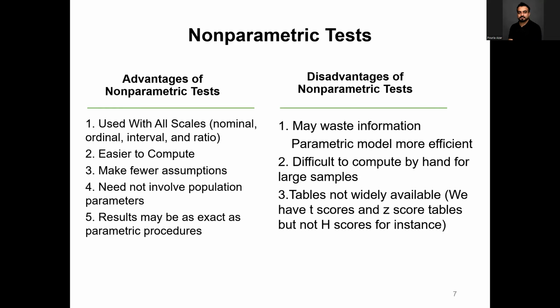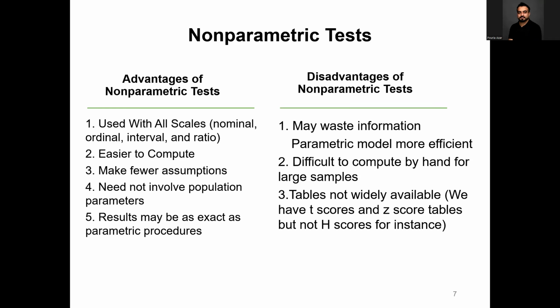We can use nominal, ordinal, interval, and ratio for non-parametric tests, but for parametric tests, we cannot use ordinal or nominal variables. It's easier to compute, so if we have a small sample size, we can conduct the non-parametric analysis manually on a piece of paper. So that's an advantage of non-parametric tests.